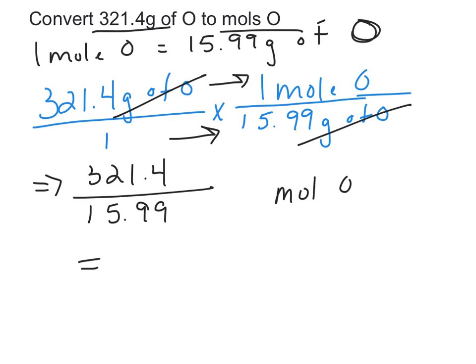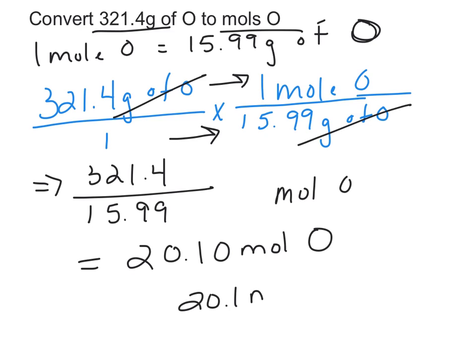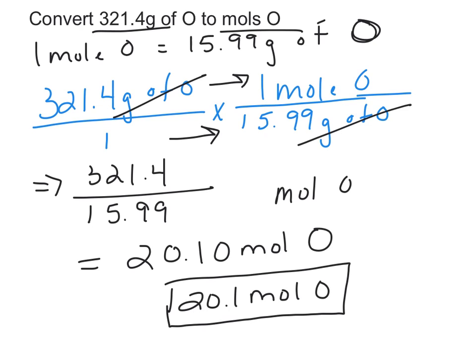Once I divide them, I end up with 20.10 moles oxygen. If I want to keep it to the same decimal place, then it becomes 20.1 moles oxygen. And this is the one you box in. Got to remember, you got to keep them to the correct significant figures, and this is your final answer.